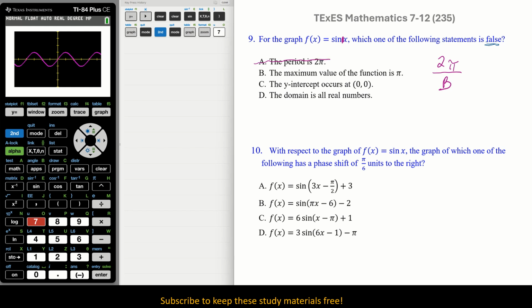Okay, now, the minimum value of the function is pi. Look at your graph. Doesn't it look like -1? The basic property of just sine x, not if it's shifted or the amplitude changes.